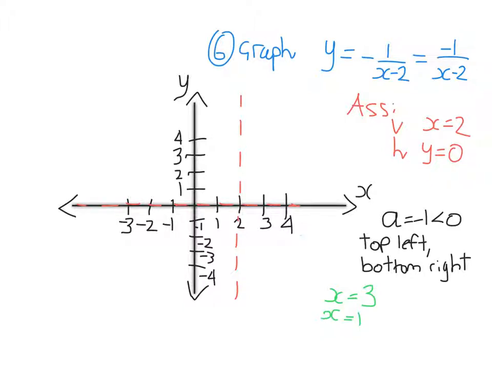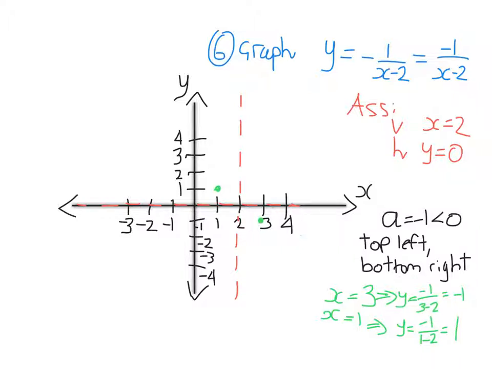So if x is equal to 3, y is -1 over 3 minus 2. And of course, that just equals -1. So now if I substitute x is equal to 1, I get y is equal to -1 over -1, which gives me +1. So I now have 2 more points I can plot.